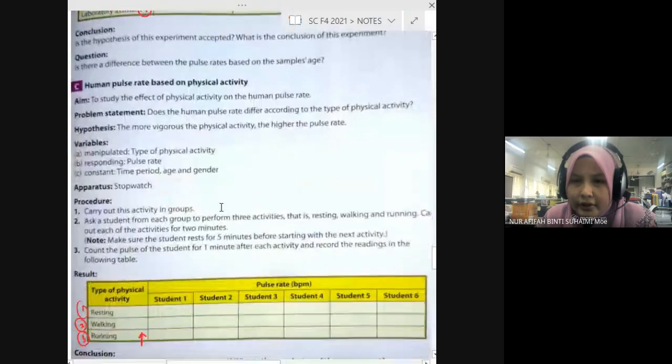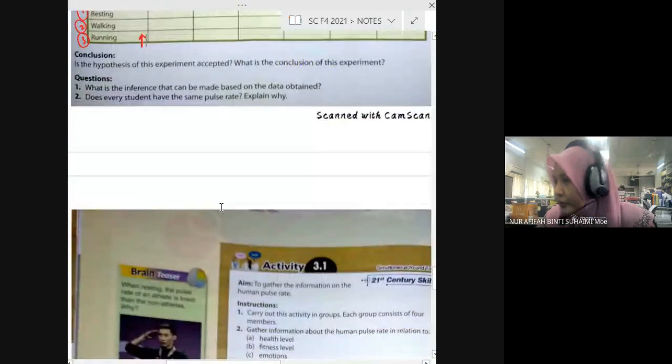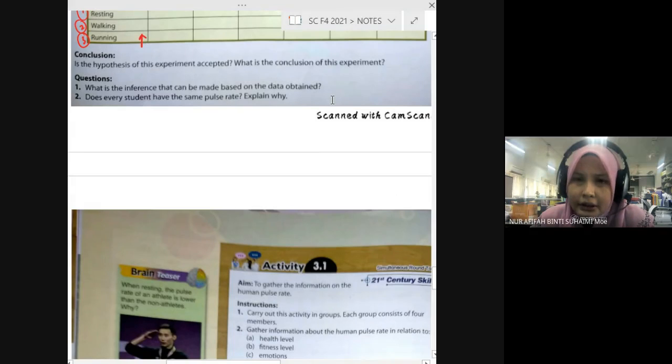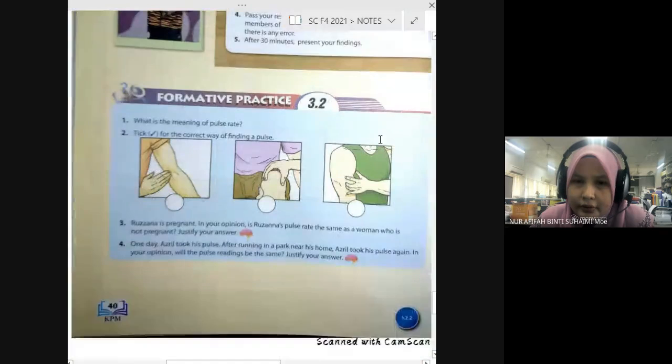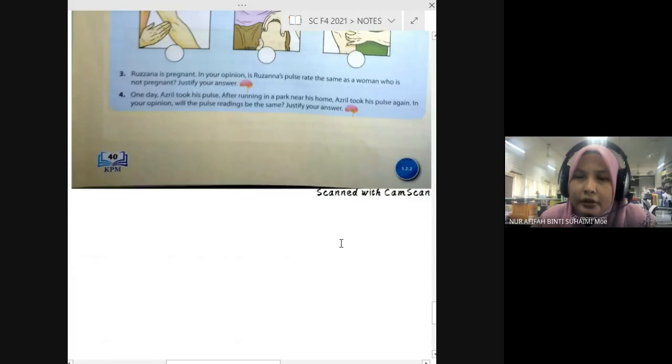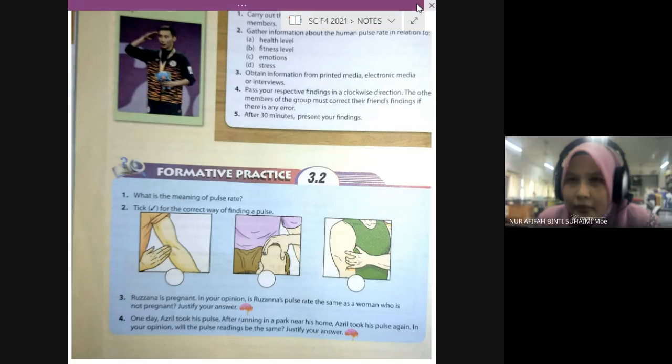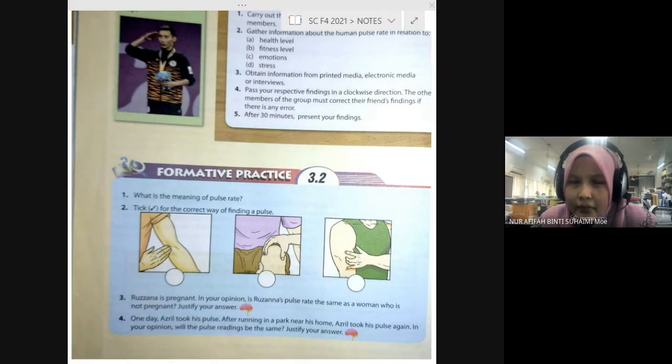This one is for exercise, the objective questions, number 1 until number 5. Okay, we stop here for 3.1 and 3.2.